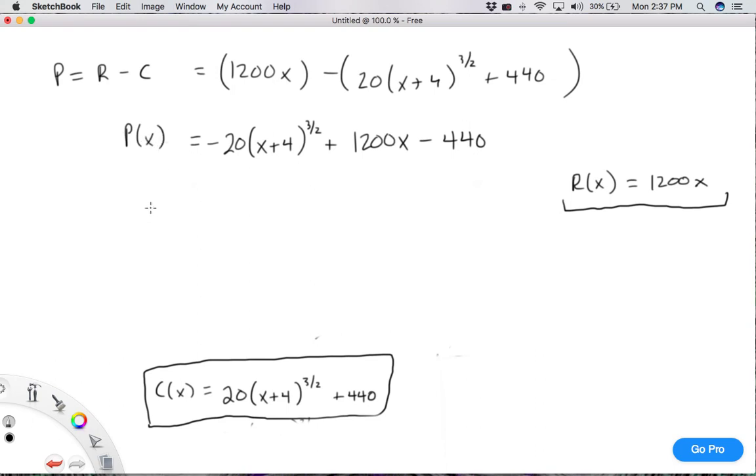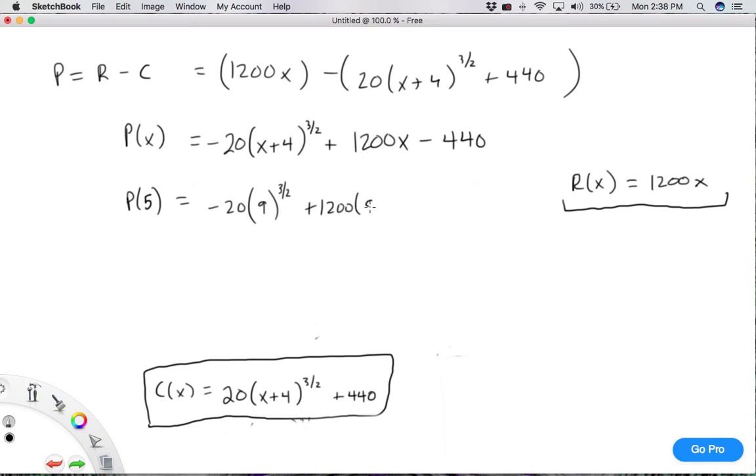And then they're basically saying find the profit or loss when x is equal to 5, right? When we're producing and selling 5 units. So we're going to find P at 5 units. Negative 20 (5 plus 4) to the 3/2 plus 1200 times, why did I put 3?